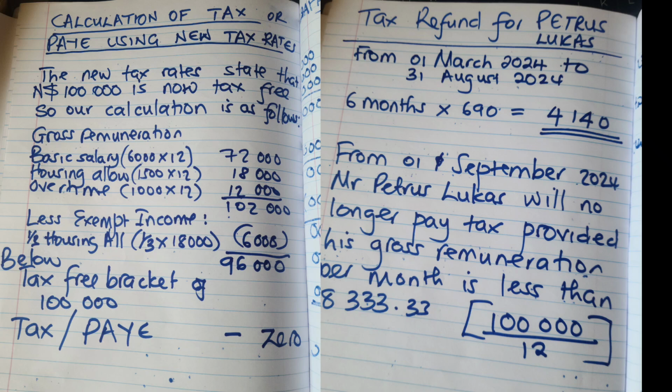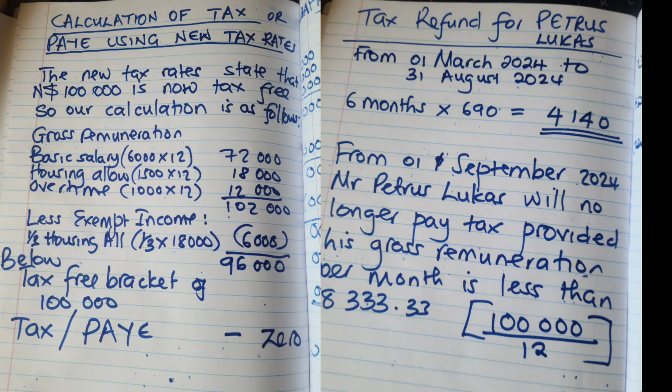So from 1 September 2024, the payroll administrators should now apply the new tax rates. It means Comrade Petrus will no longer be taxed on his monthly salary, because it falls below 100,000 per annum, which translates to $8,333 per month.